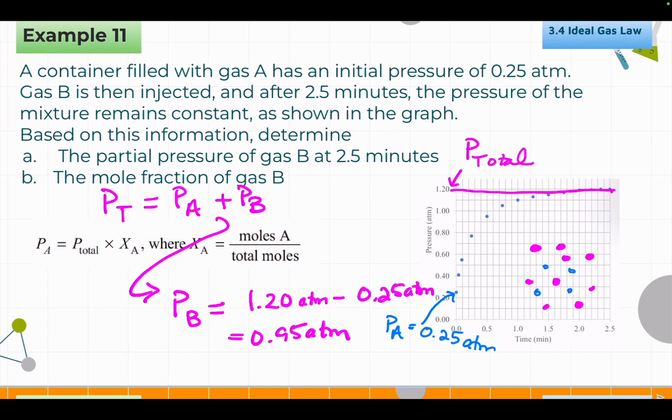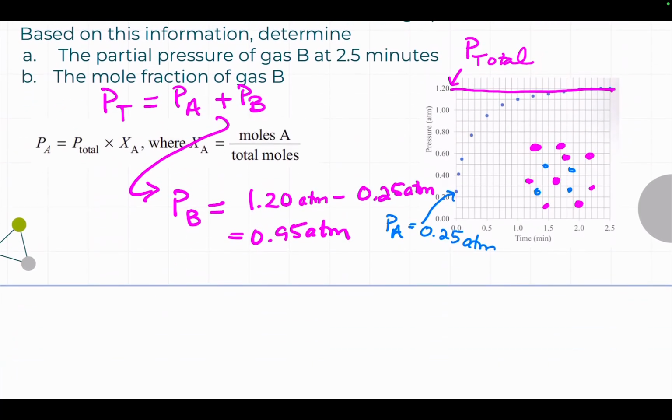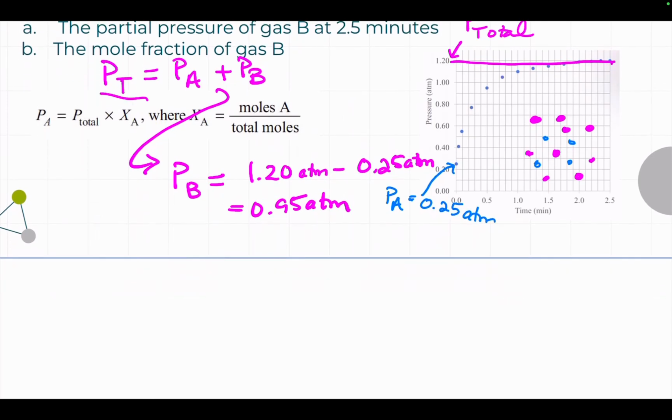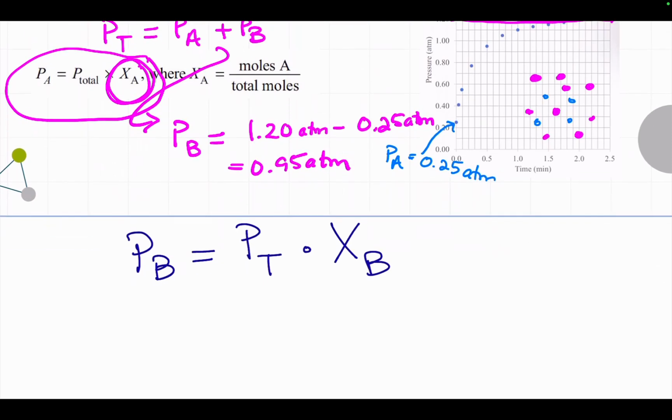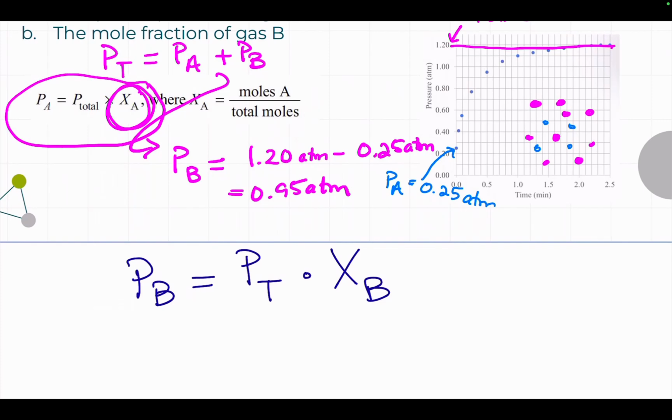Now I'm going to add a page so I have more room. Now they want to know the mole fraction of B. So I can use the equation right here and solve for mole fraction. The pressure of B is going to equal the total pressure times the mole fraction of B. If I sub in, the partial pressure of B is 0.95 atm.